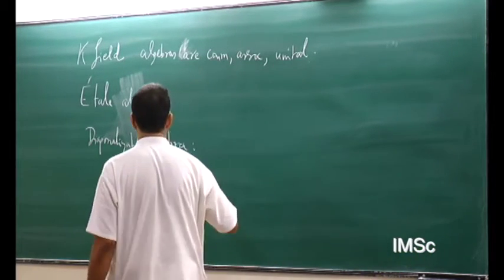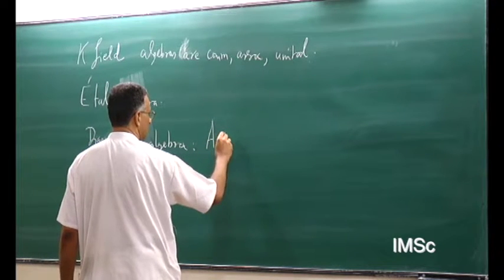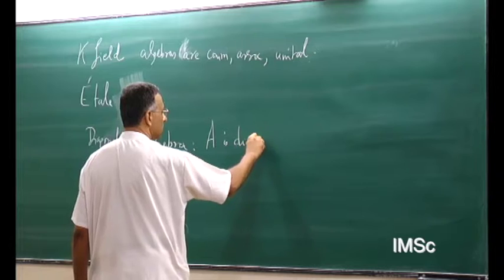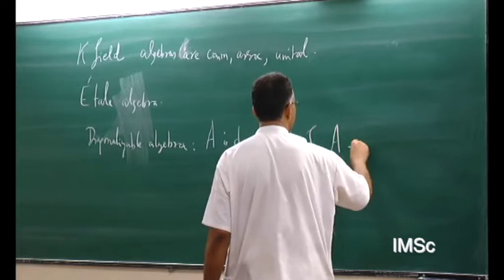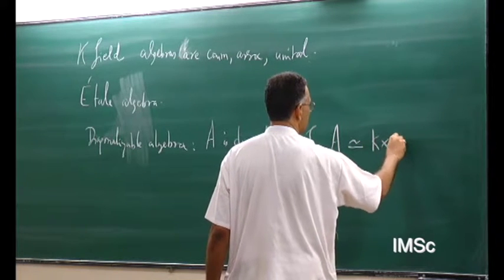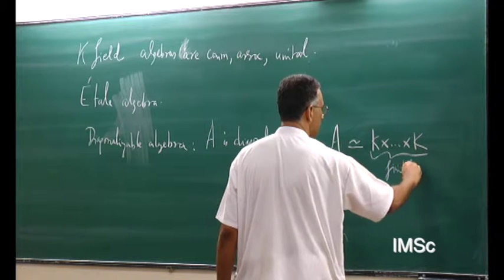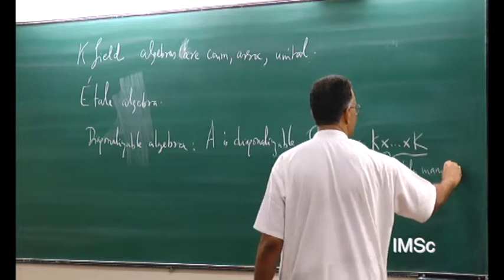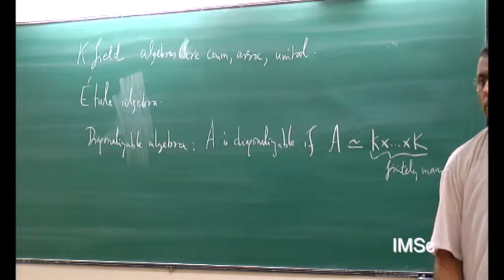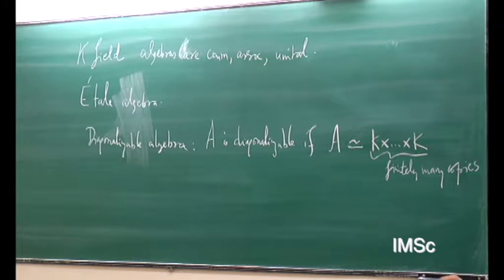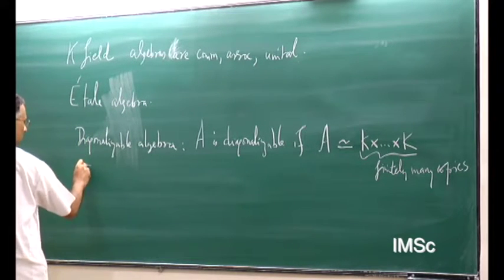So diagonalizable algebra is A is diagonalizable if A and E is étale.